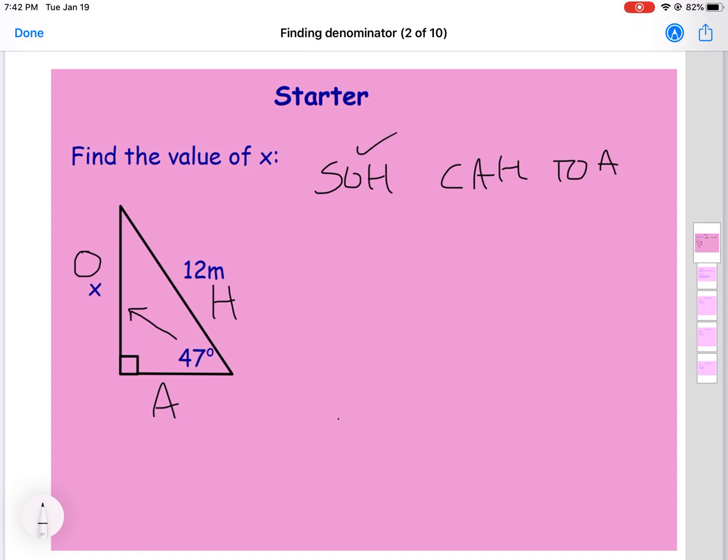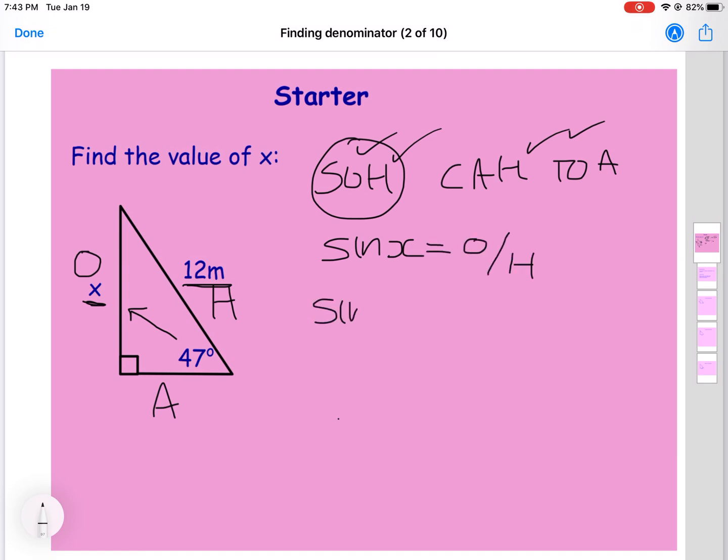We know the O because we are given an x at the O, and we know the H as that's got a 12 attached to it, so we're using sine. In this case then, sine x is opposite over hypotenuse. Sine x is the angle, remember, so sine 47 equals x over 12.